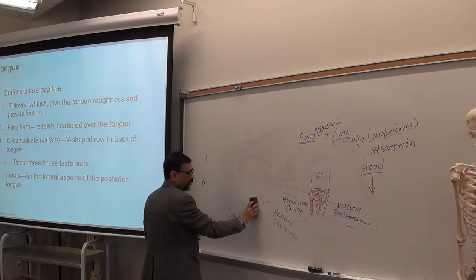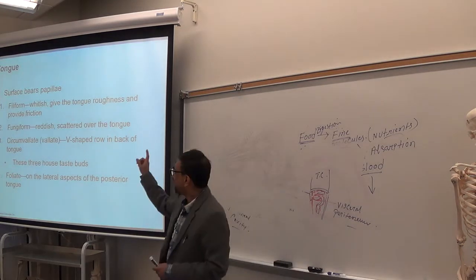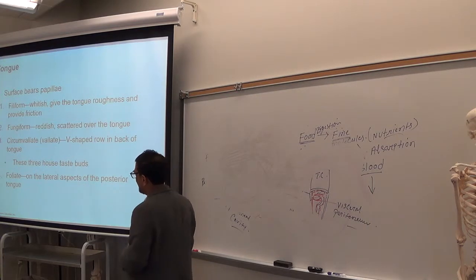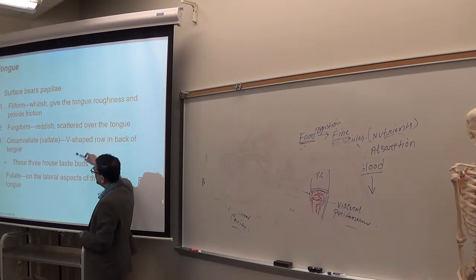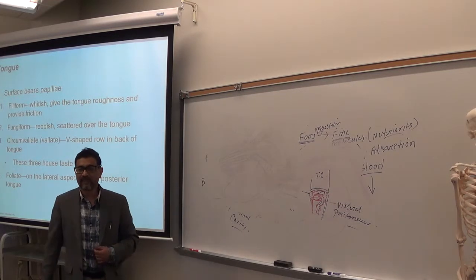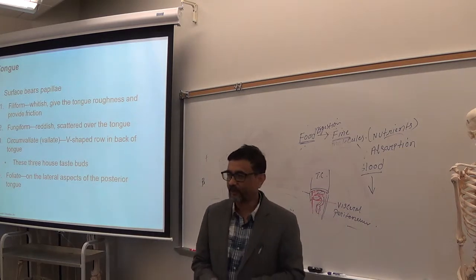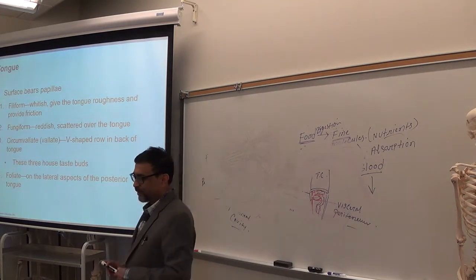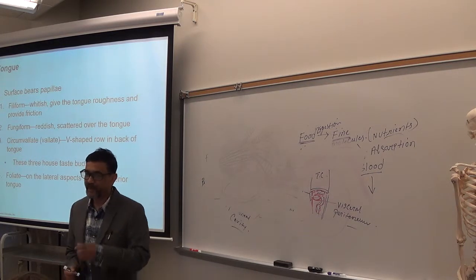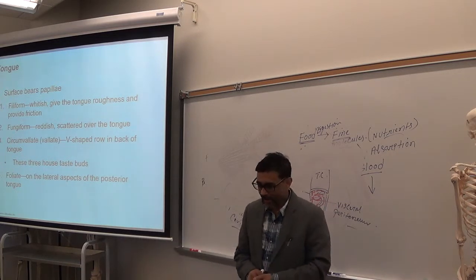Taste receptors are present in three types of papilla: fungiform, circumvallate, foliate. Filiform doesn't have taste receptors.